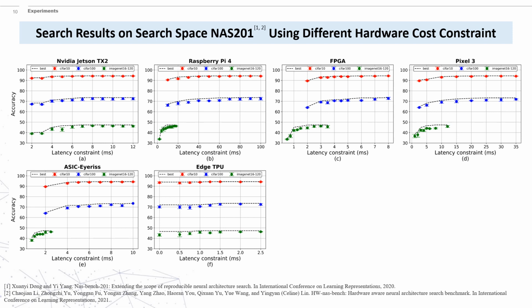In each subfigure, we show the results of the architecture search under different hardware latency constraints for 3 different datasets, that is, CIFAR10, CIFAR100, and ImageNet 16120. From the figure, we can see that our proposed method is able to find the architecture closer to the best possible architecture, which is shown as the dashed line in each subfigure.